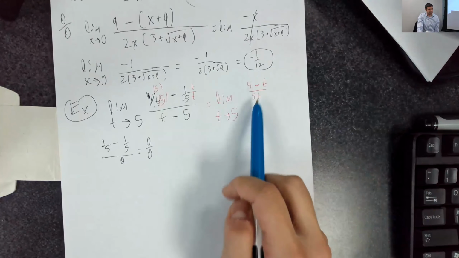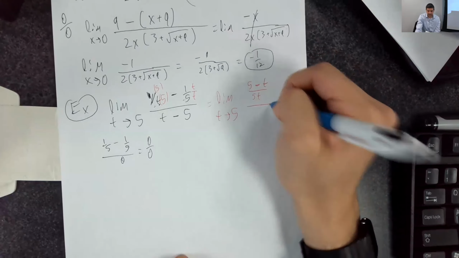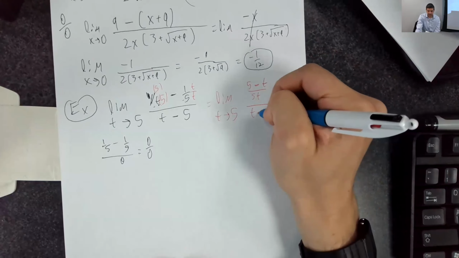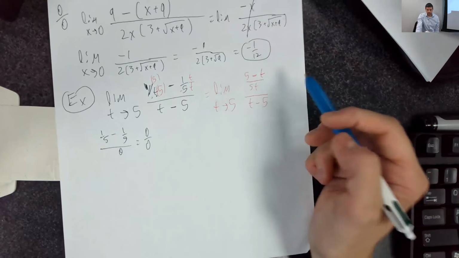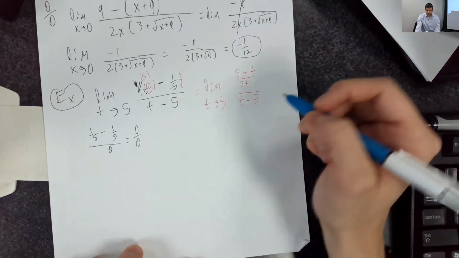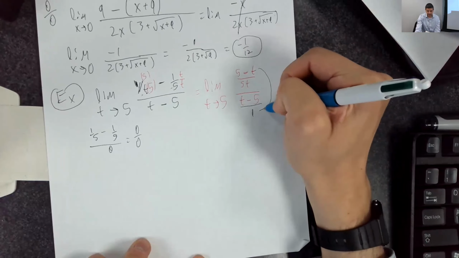This is my new numerator. And then here, t minus 5. Now you could think of t minus 5 as t minus 5 over 1. So you could actually simplify this.